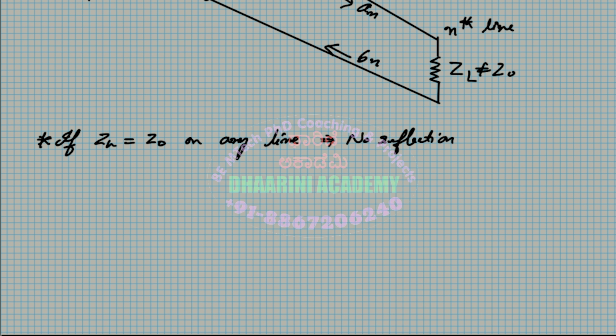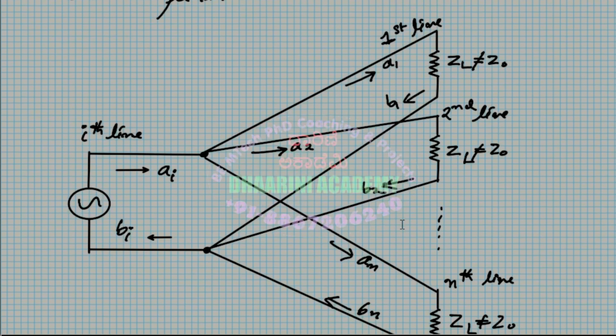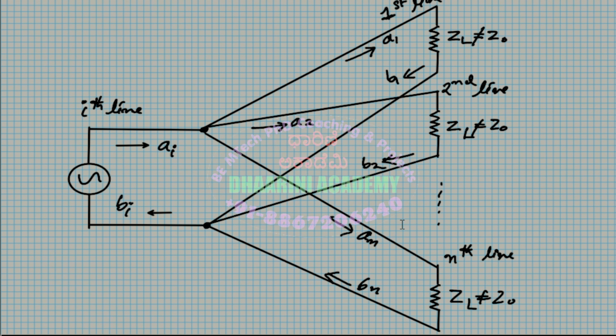We can also split the whole concept into two or three parts, where in the first part we consider that a few of the lines are terminated with the proper Z naught value, ZL equal to Z naught, matched. I'll show you the diagram once again. You can think that only the first ZL is not matched, and in all other cases ZL equals Z naught.